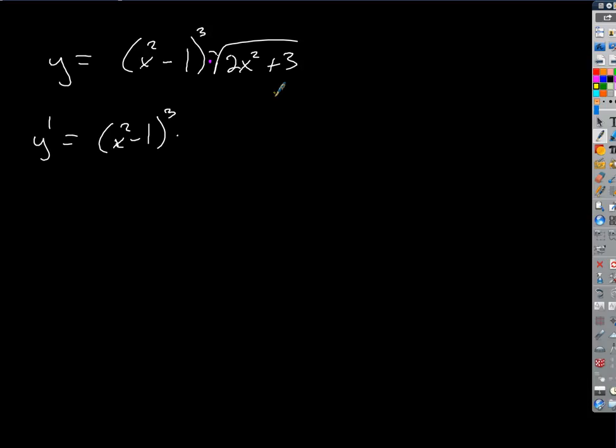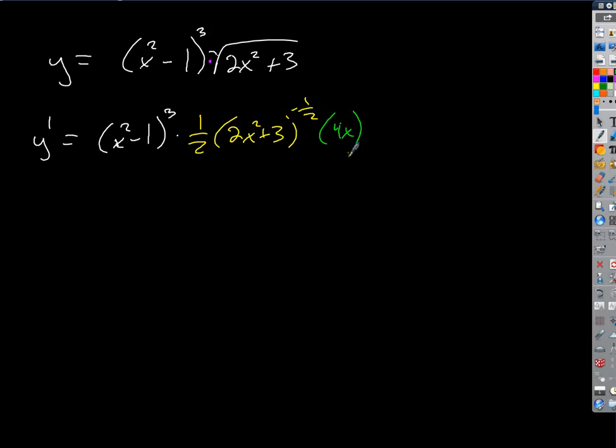Okay, I got a 1/2. At the outermost level, it's hand to the 1/2, right? So I got a 1/2 hand to the negative 1/2, good. And then inside we get a what? Okay, good.